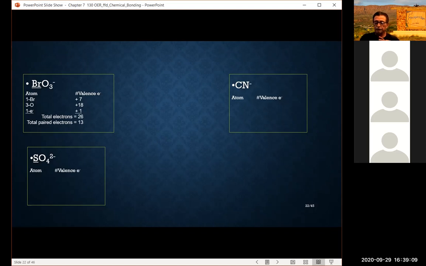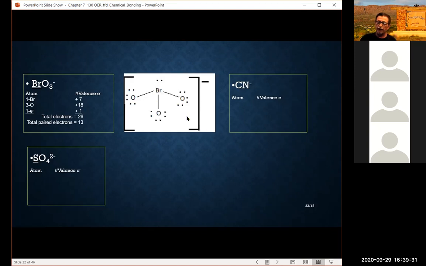Bromine is underlined, okay? So that is the central atom, so we can quickly draw 3 oxygens and bond the 3 oxygens around the bromine in the center. That takes care of 3 pairs, and then we've got 10 pairs to work with that we place around all the atoms. And then we end up with a pair on the central atom. And so here you can count the pairs. There should be 13 pairs, okay?